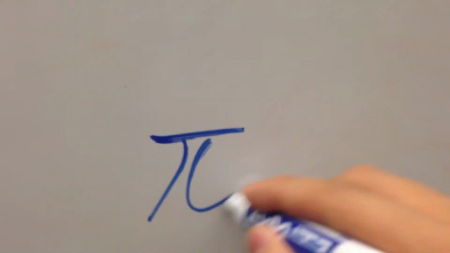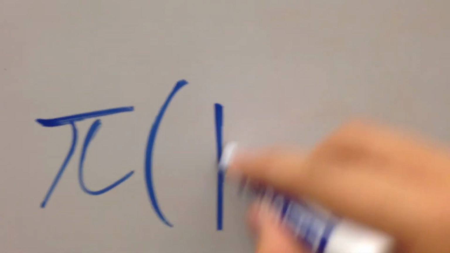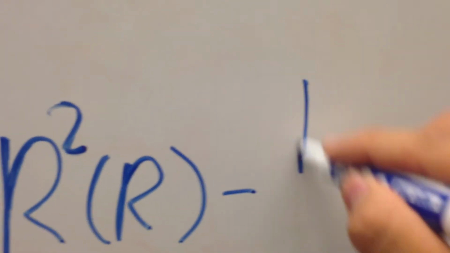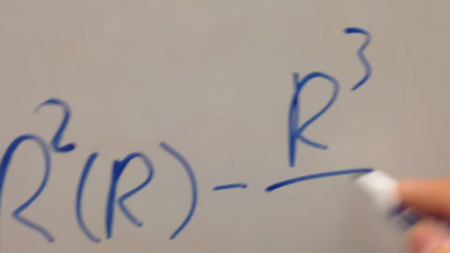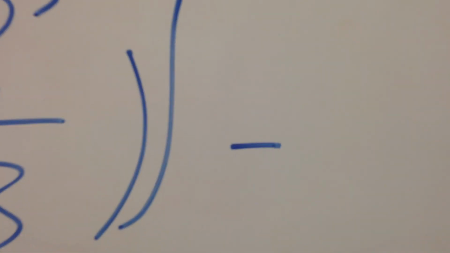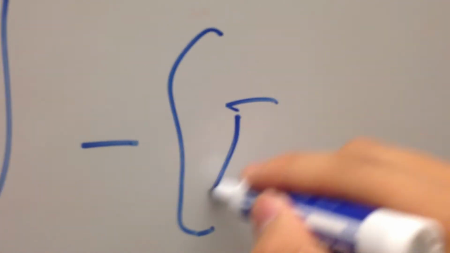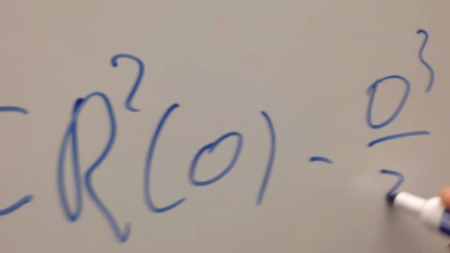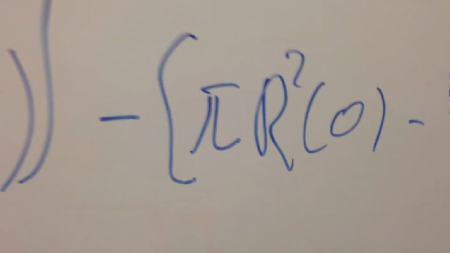So it's pi times r squared times r minus r to the third over 3, minus the entire equation with 0 plugged in, which is pi times r squared times 0 minus 0 to the third over 3, which is just 0, so it's minus 0.